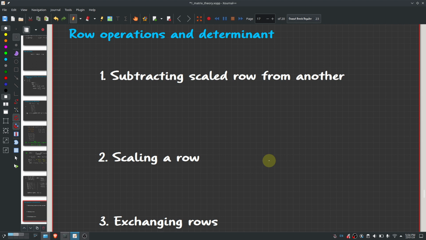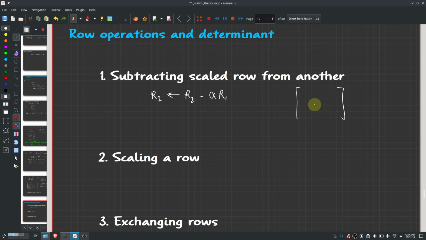For instance, what about subtracting, let's take some row 2 minus some constant times row 1? What matrix does that correspond to? Suppose I have the operation R2 becomes R2 minus some alpha times R1.